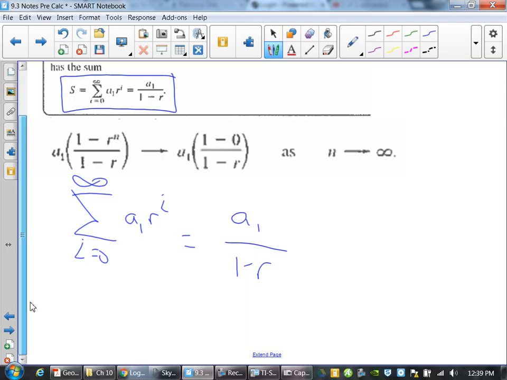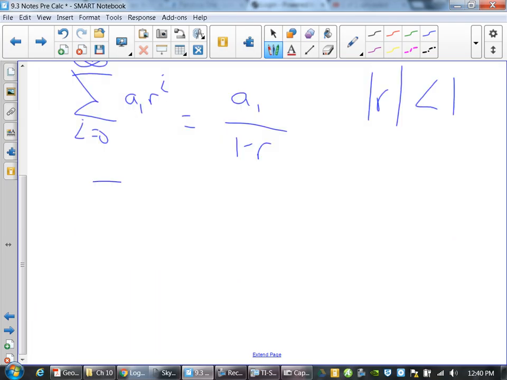In order for this to work, the absolute value of our r value has to be less than 1. If the rate is greater than 1, you won't have a sum of an infinite series. That's why this has to work like that.